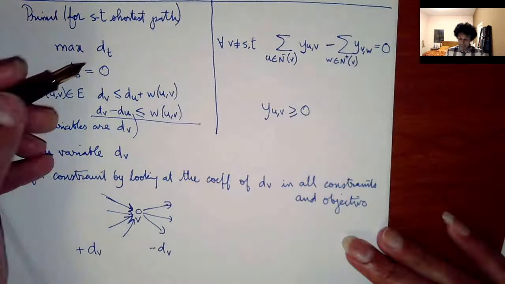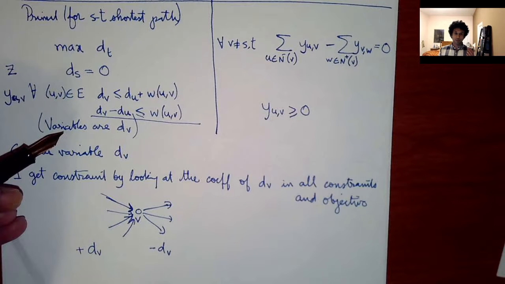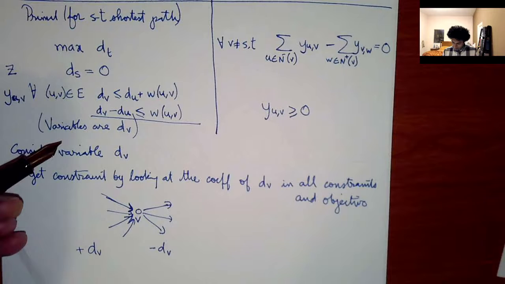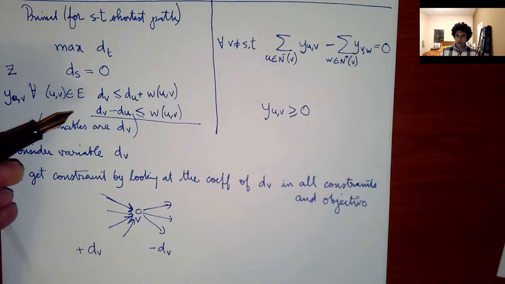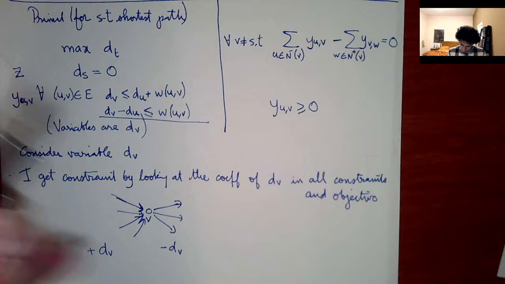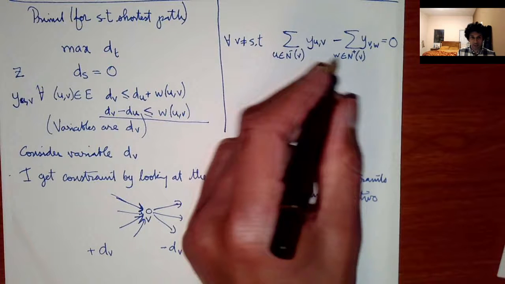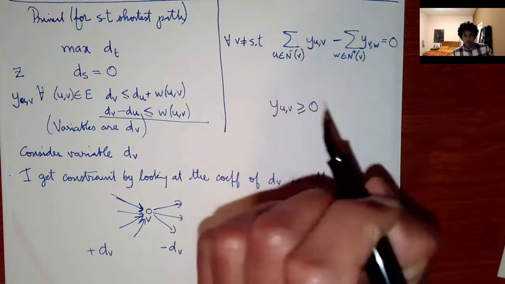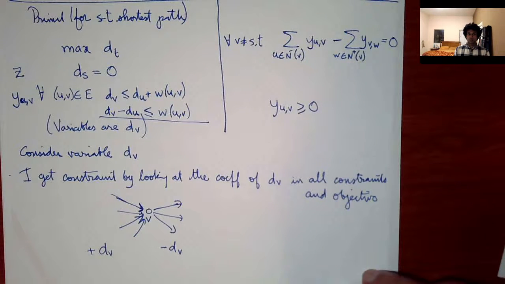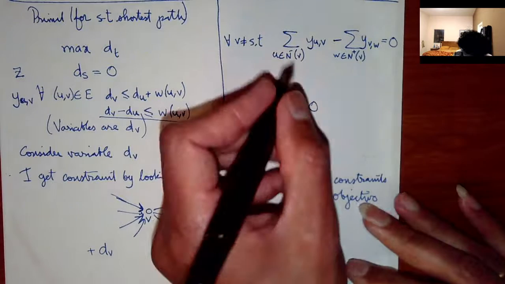Now if you look at t, t is going to behave differently, because t has a coefficient of 1. So if I write this, I'll get a similar constraint with t, except there the coefficient is going to be 1.